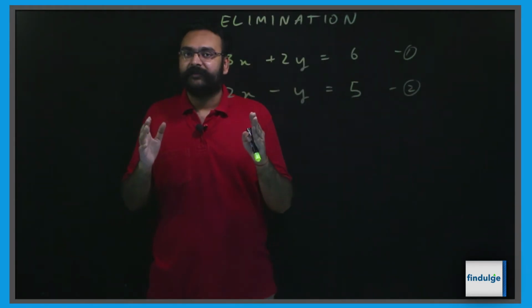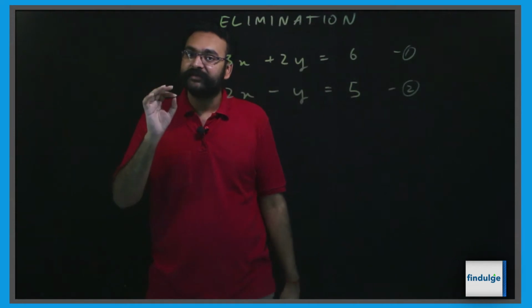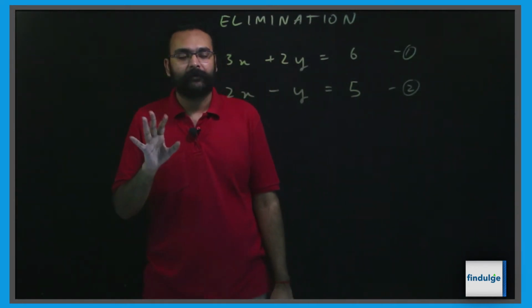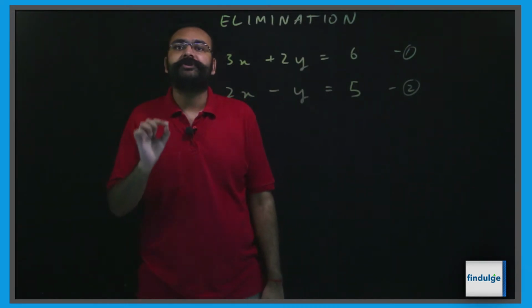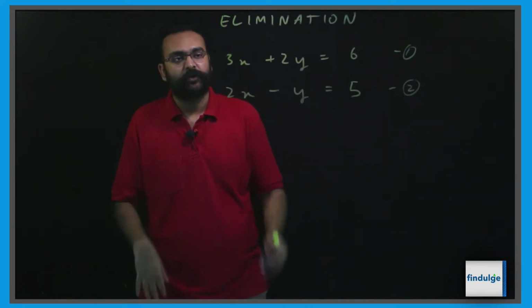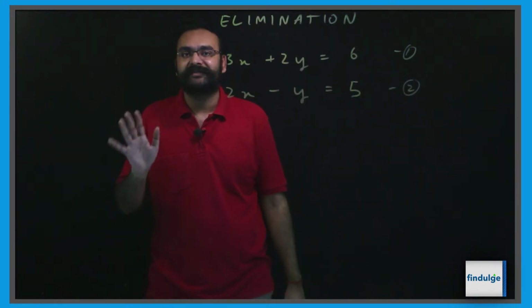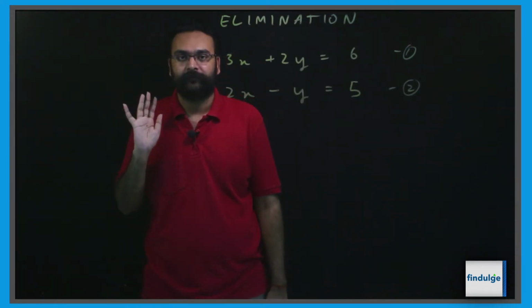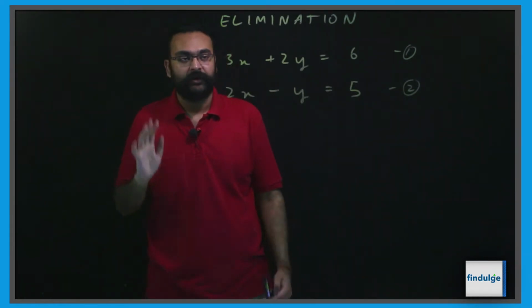The second method is known as the elimination method. Now in this, our goal is simple. We're going to look at our two equations and we're going to try to make the coefficients of either x or y to be the same numerical value, meaning by multiplication.